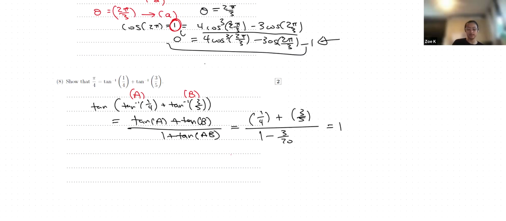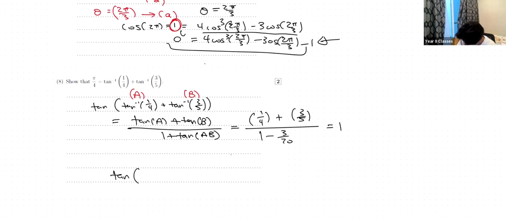Yep. Exactly. So you have basically arrived at this: tan of (tan inverse 1 on 4 plus tan inverse 3 on 5) equals 1, and then applying a tan inverse to both sides.